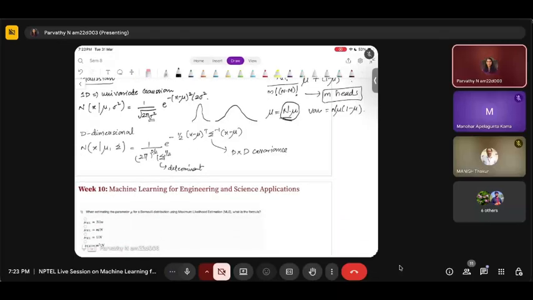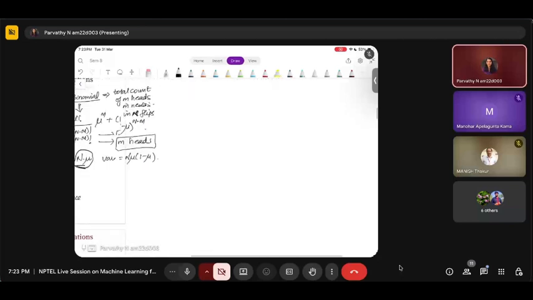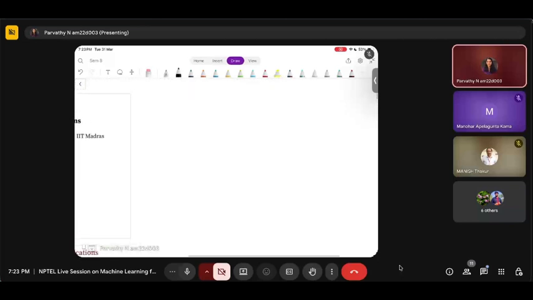So there is something called the delta square, which is x minus mu the whole transpose sigma inverse x minus mu.